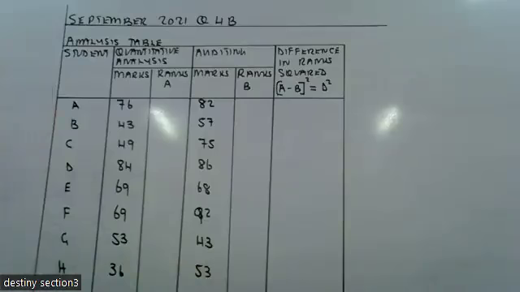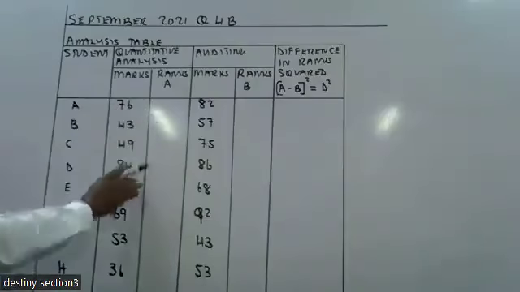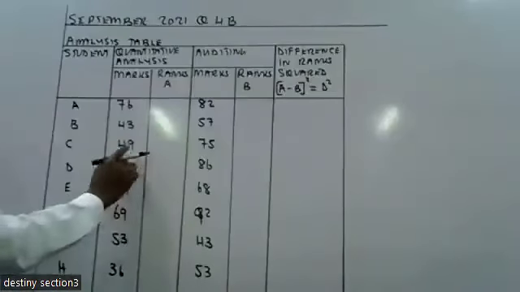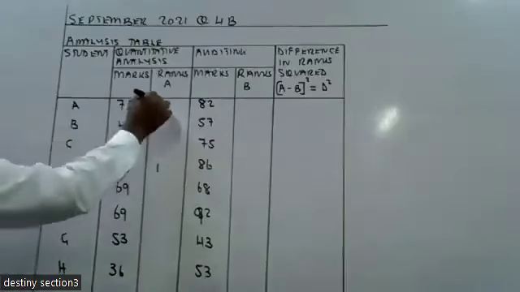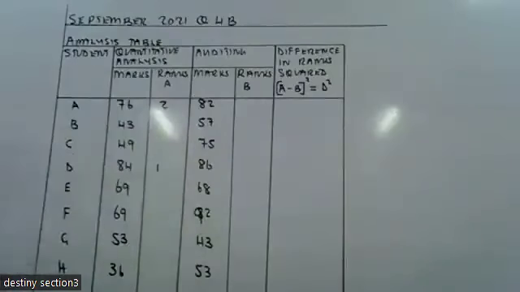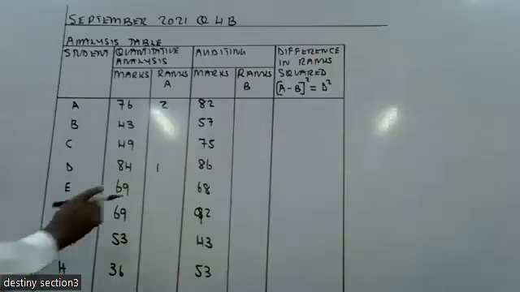So what you do from there is to rank. The highest is given number 1. So here, this is the highest, so you put it number 1 that way. 84 is followed by 76, so this is number 2. It is followed by 69, and you see these 69s are 2.